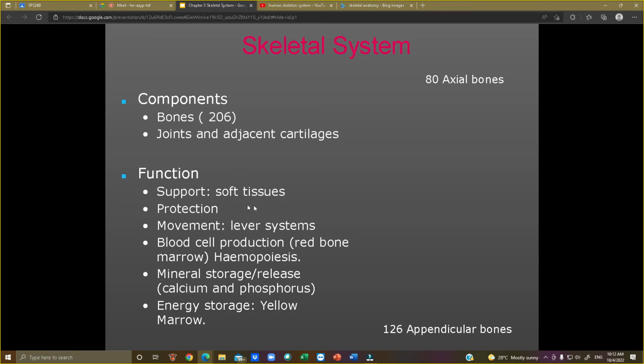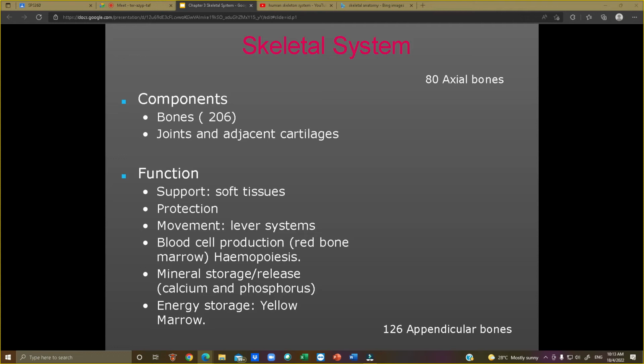Okay, what does it mean by soft tissue dekat sini? Apa sebenarnya soft tissue yang kita ada dekat dalam badan? How many soft tissue types do we have in our human body? Berapa banyak soft tissue yang kita ada dalam badan? Human soft tissue. Berapa jenis? Cartilage saya ingat.